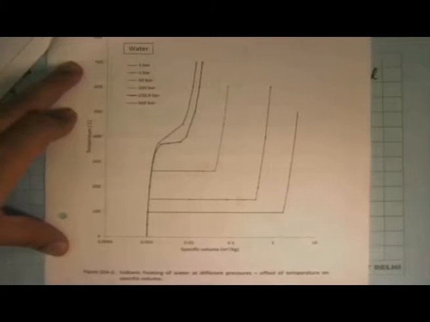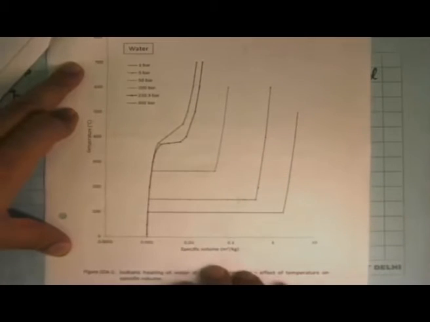The real thing looks like this, what I have put in the notes, these will be with you. So what I showed qualitatively, this is the actual numbers on this. And the specific volume I have kept on a logarithmic scale, whereas temperature is a linear scale. And what you see is what I just explained.